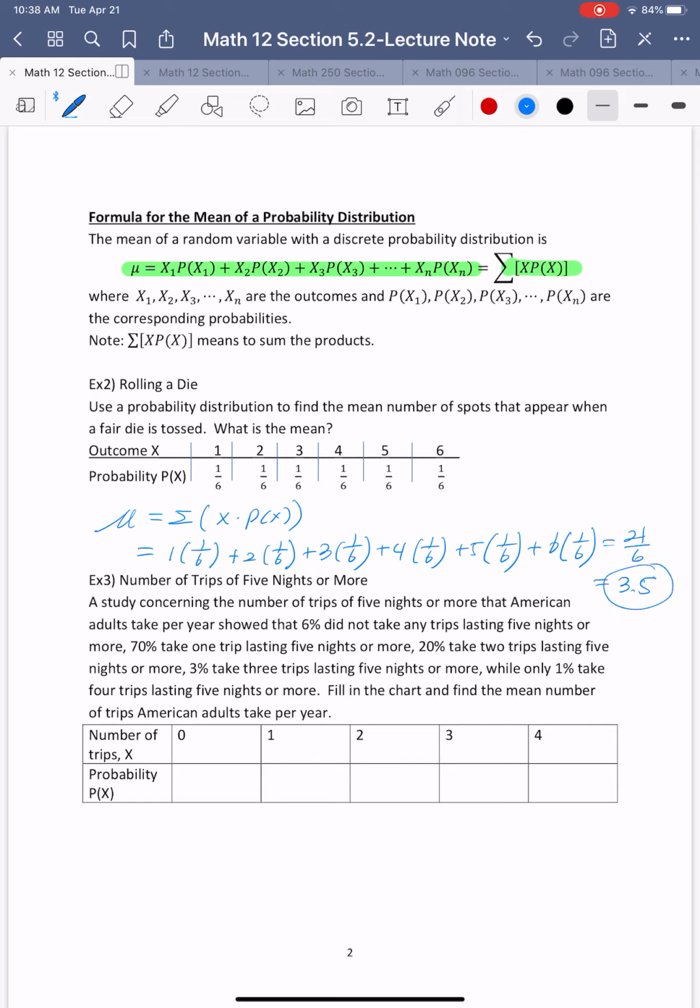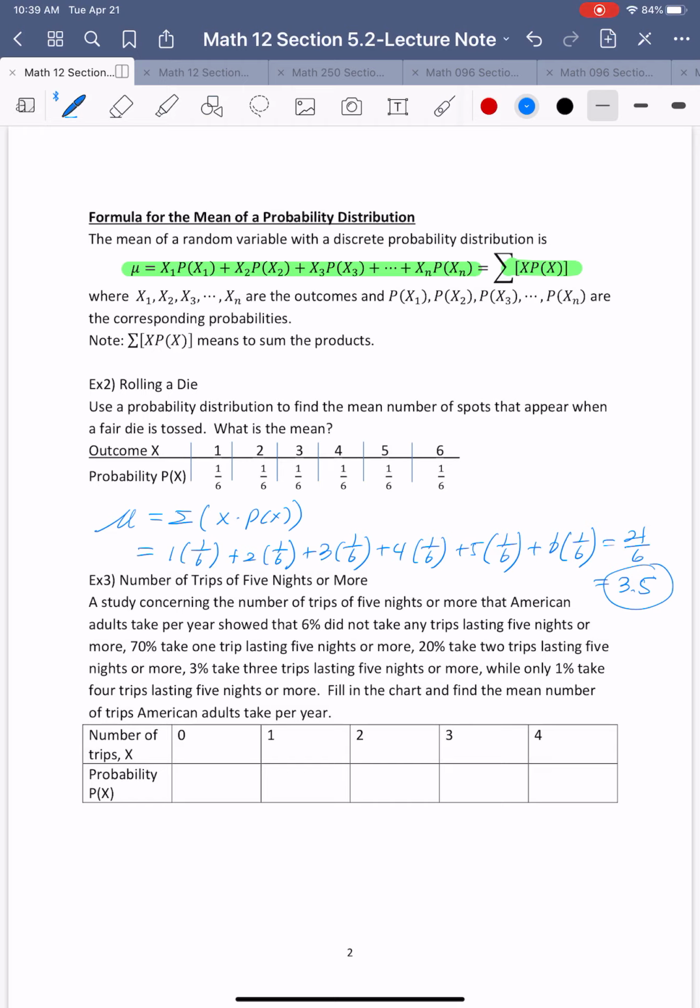So that's the mean. Number 3, number of trips of 5 nights or more. A study concerning the number of trips of 5 nights or more that American adults take per year shows that 6% did not take any trip lasting 5 nights or more. 70% take 1 trip lasting 5 nights or more. 20% take 2 trips, and 3% take 3 trips lasting 5 nights or more.